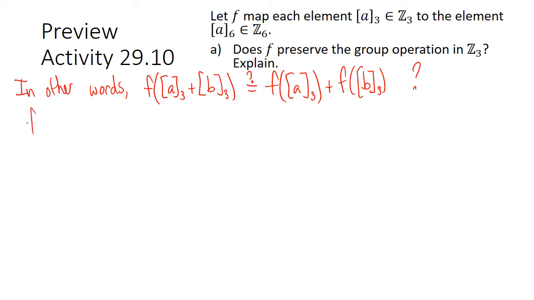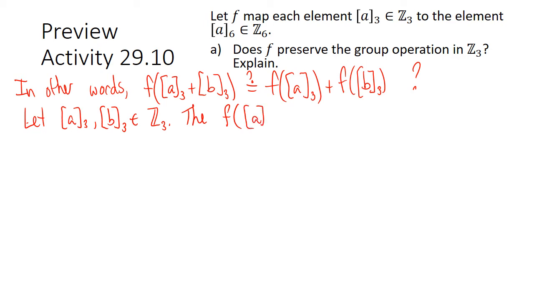So let a and b be elements of Z3. So a mod 3 and b mod 3. Okay, then what is the image of their sum? And we're doing sums here, not products, because the operation in Z3 is sums, or addition. So how do you add two elements in Z3? You can just put them together inside of the brackets like that. And then according to how this function is defined, that is just going to be a plus b mod 6.